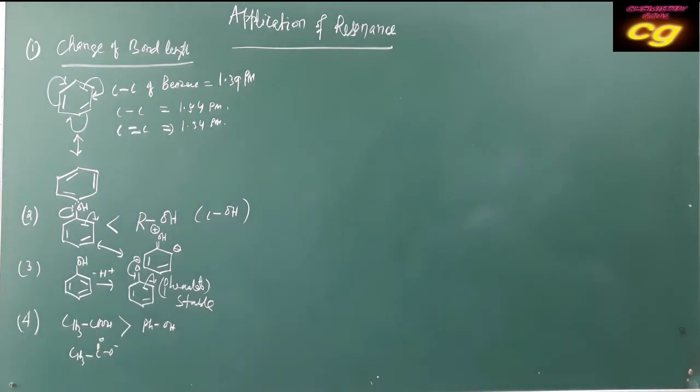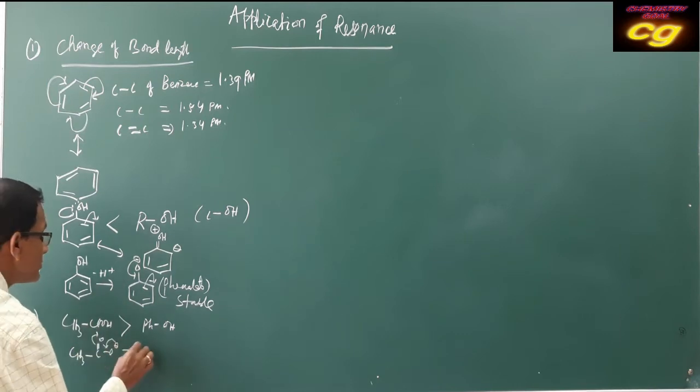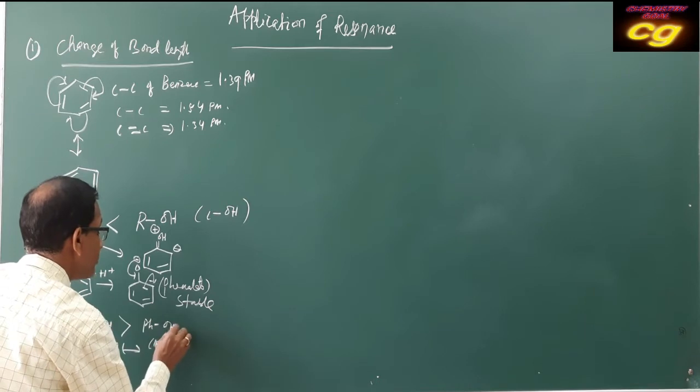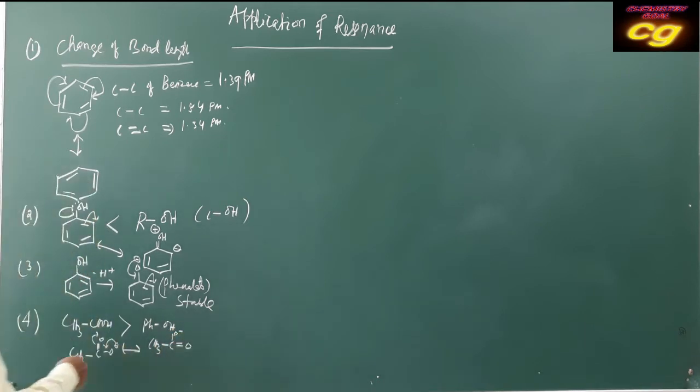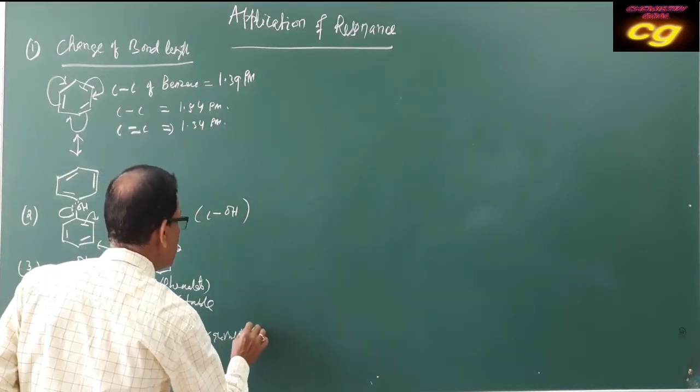After losing H plus, acetic acid produces the acetate ion, which is stabilized by resonance, and this is equivalent resonance.